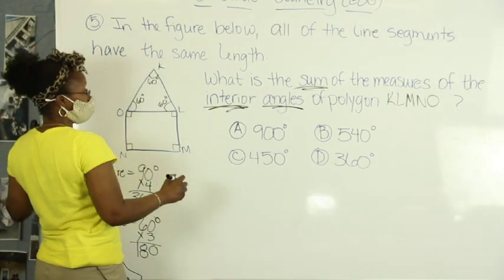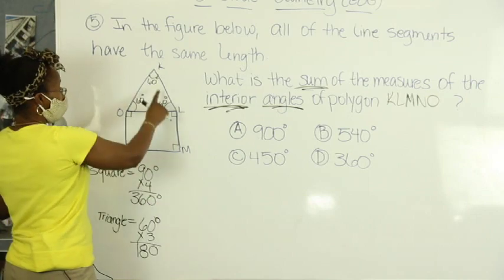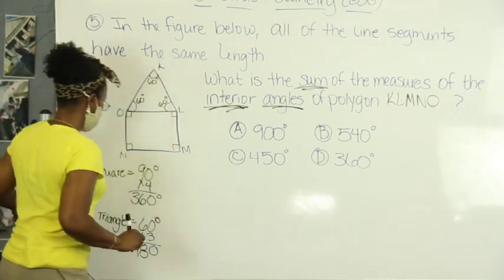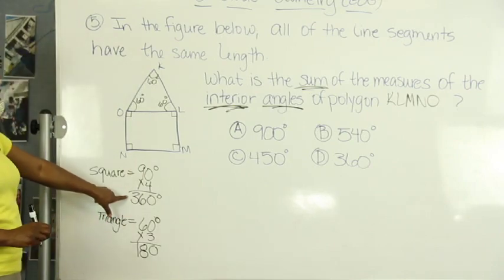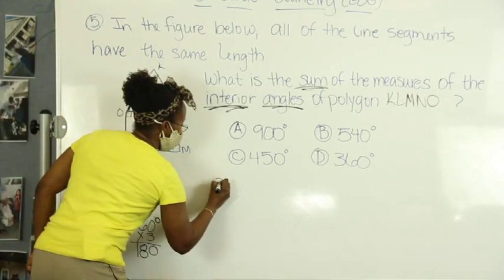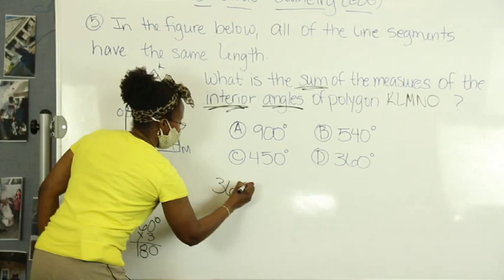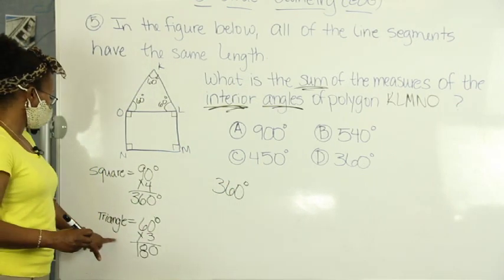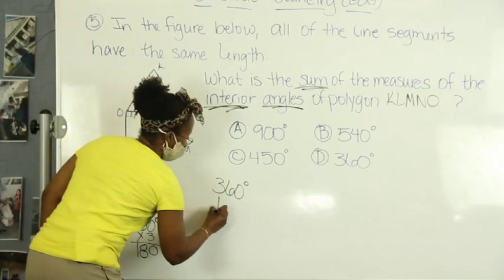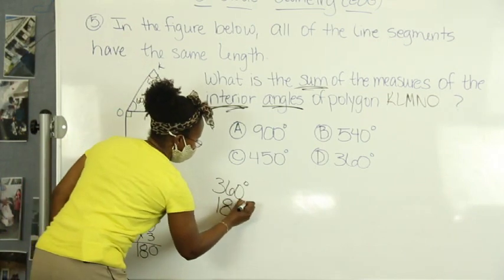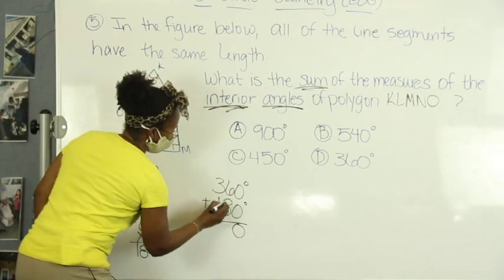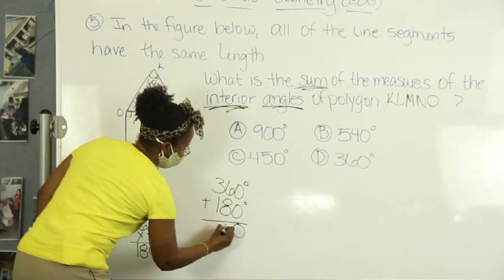All right, so they want to know the sum of all of these. So we're going to add them together. We're going to take the square's sum, which is 360 degrees, and we're going to add it with the triangle's sum, which is 180 degrees, and see what we get. 6 plus 8 is 14.